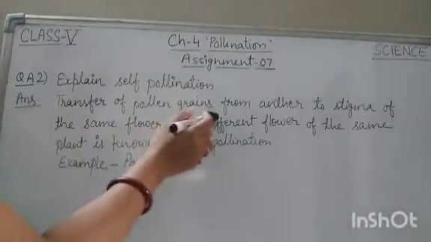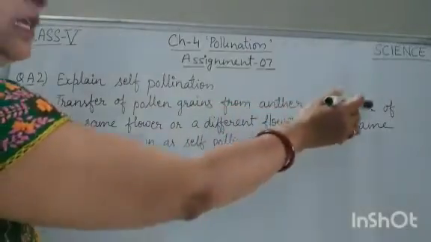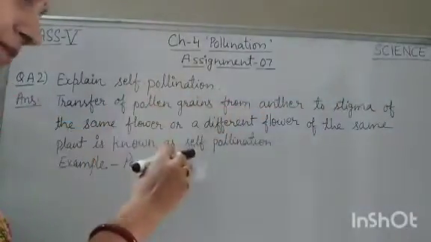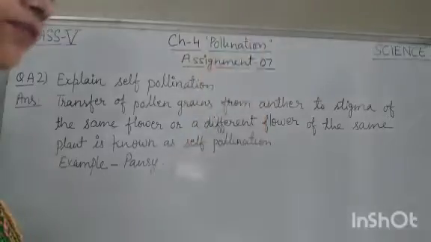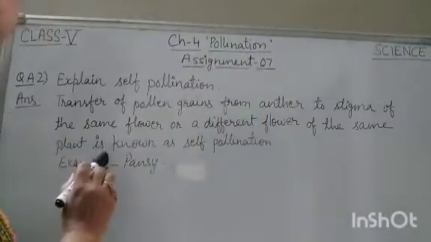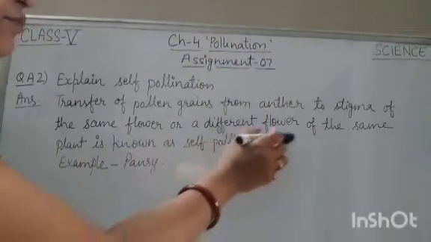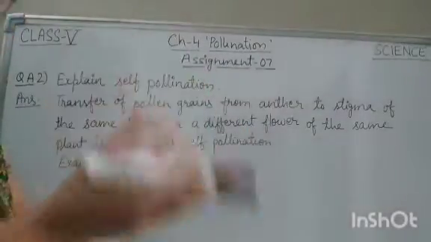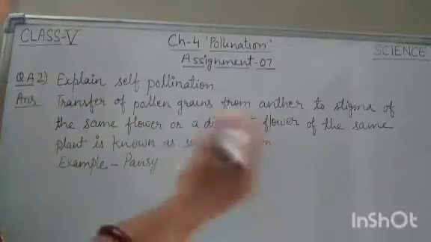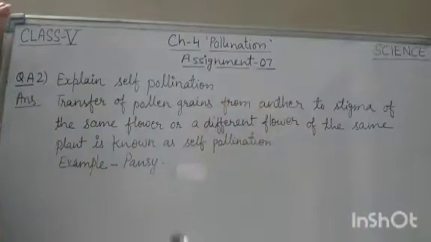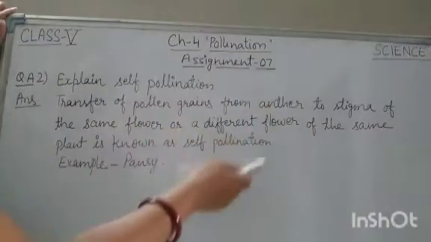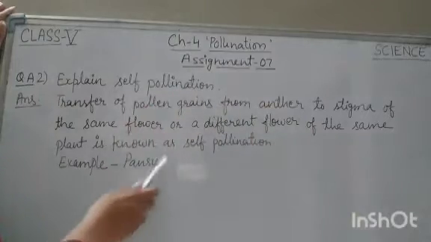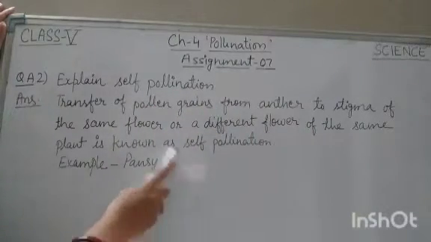Transfer of pollen grains from anther to stigma of the same flower or a different flower of the same plant is known as self-pollination. It means the plant will be the same but the flower can be different. An example of self-pollination is pansy.